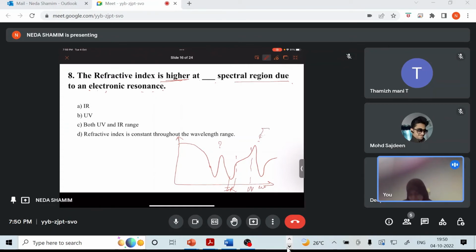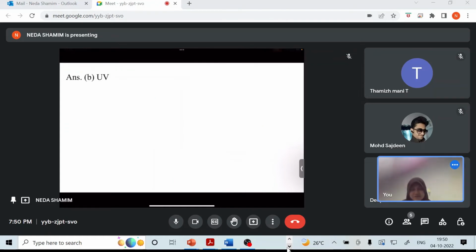This side is electronic resonance. So refractive index will be higher at the UV side. Why did you say IR? I think the answer will be the UV side. Just check in the book and let me know.